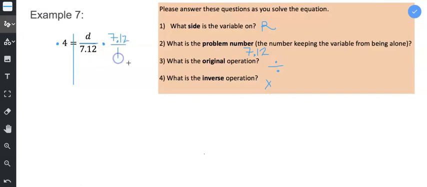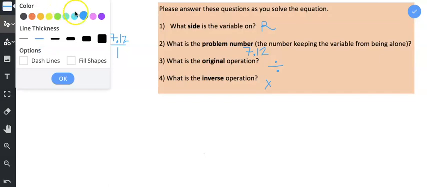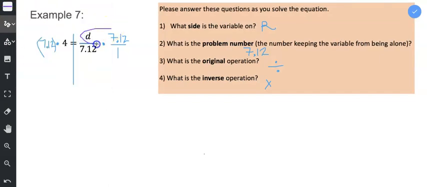On the right side, we have to write this as a fraction since we're multiplying it by a fraction. And on the left side, we're going to just multiply it by a regular 7.12. From here, I'm going to multiply across. That's how you multiply fractions.